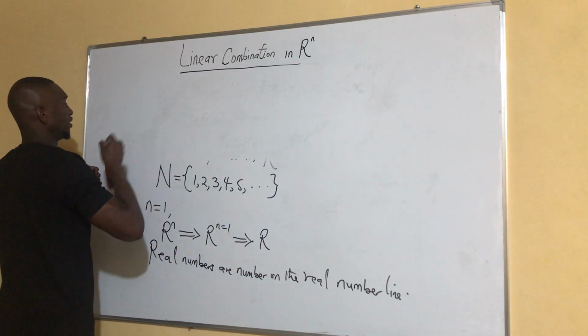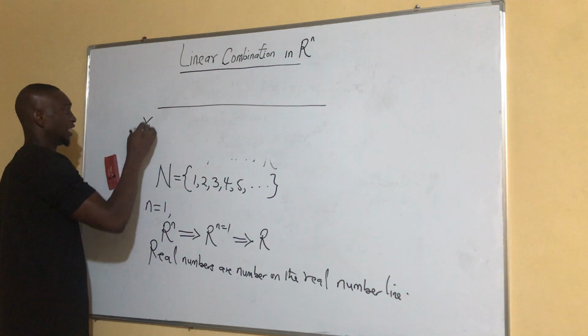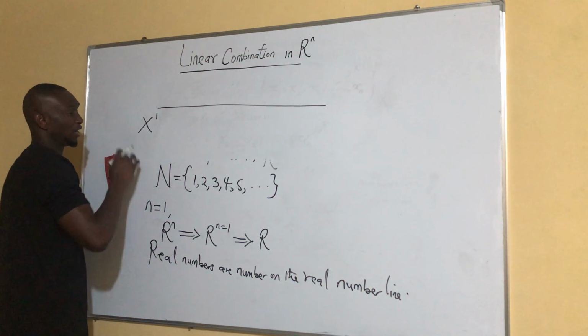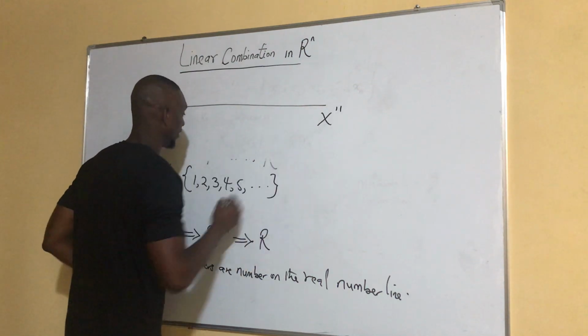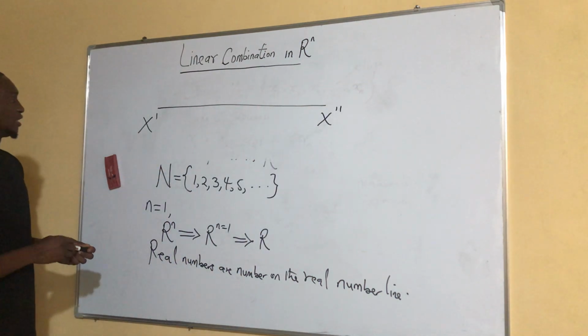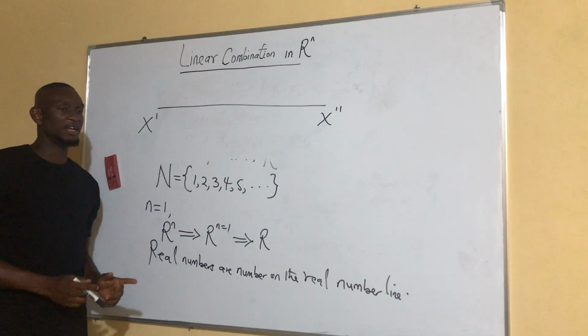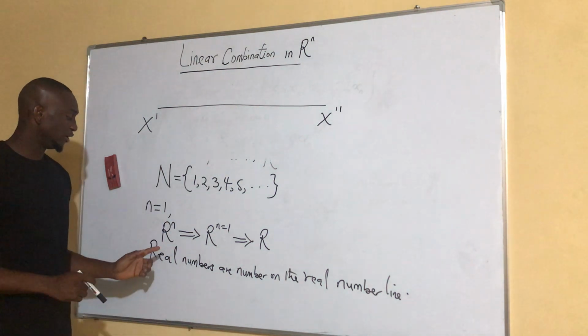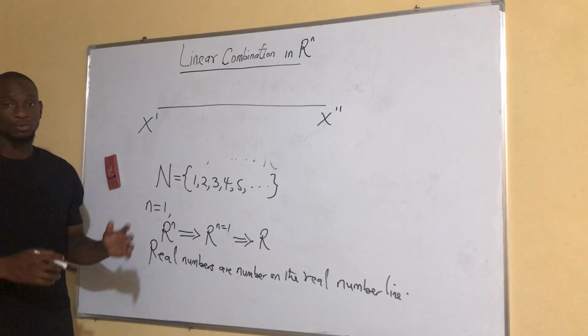Let's assume this is a line. Let's call this line x prime, and let's call this part x double prime. Now, real numbers fill the line, and there exists a value in the line that divides the line into 2.